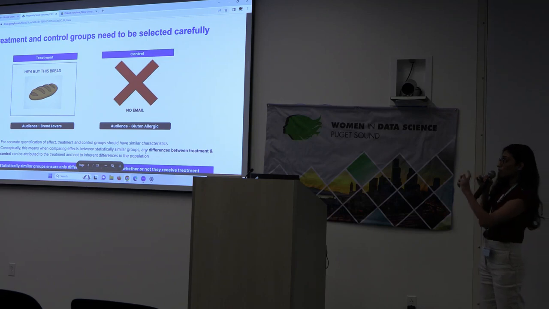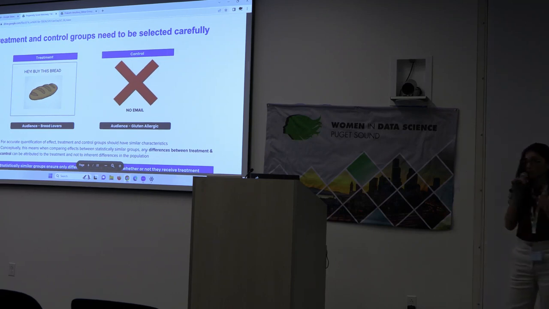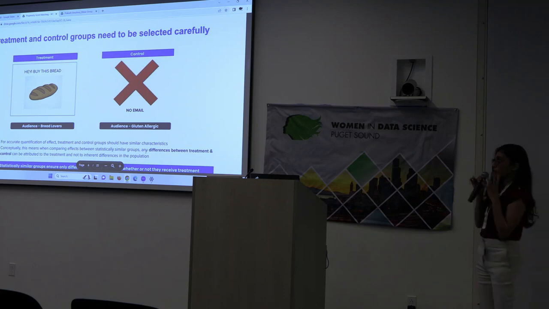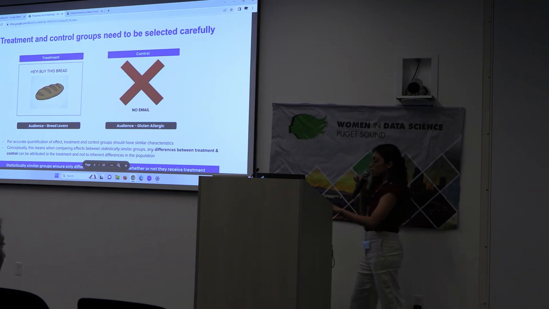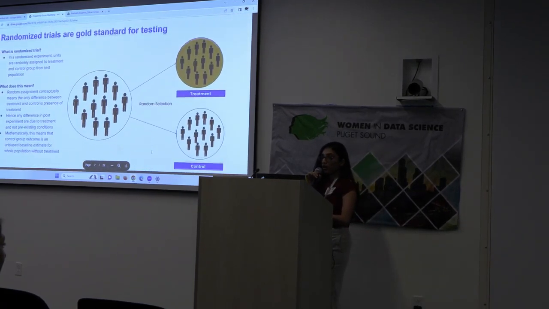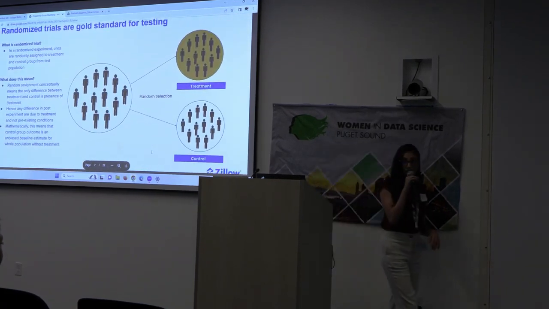So that's one of the fundamental principles that we need to adhere to, to make sure that the outcome we can completely attribute to the treatment. We want to make sure that the treatment and control groups are exactly similar. And randomized control trials are one of the gold standards for testing.